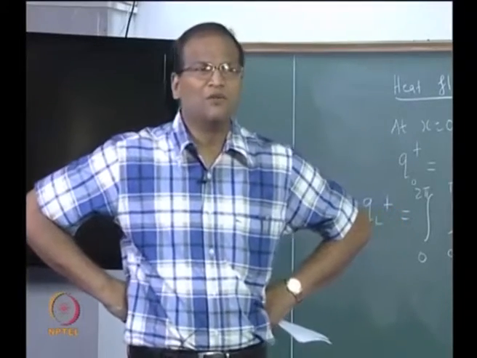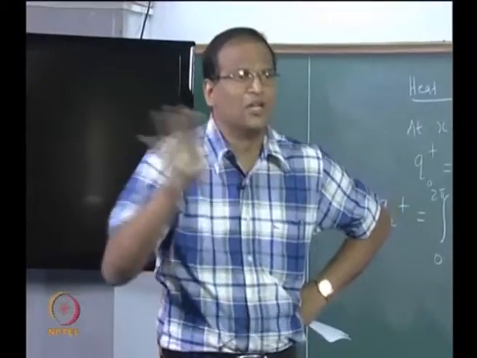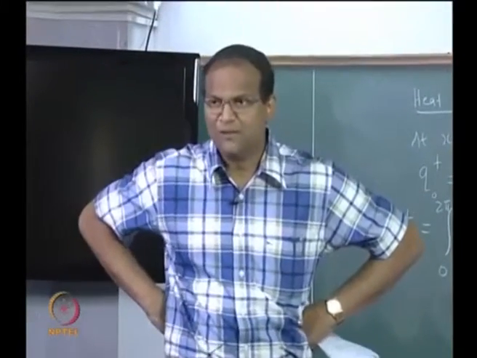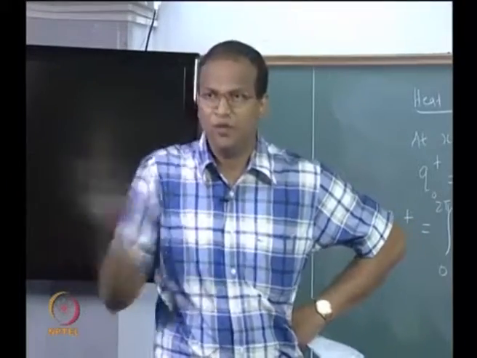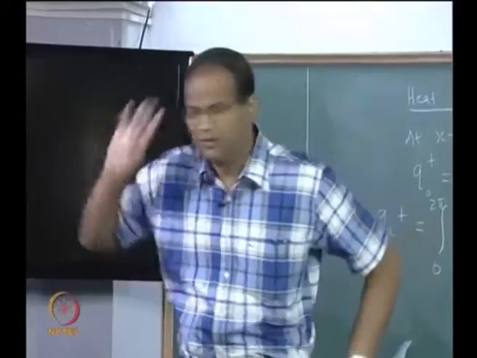But if you have azimuthal symmetry, then integration with respect to d phi, the azimuthal angle, can be done. So the first simplification is I will pull the d phi out and put the 2 pi. Can I do that? Okay, let us do that.